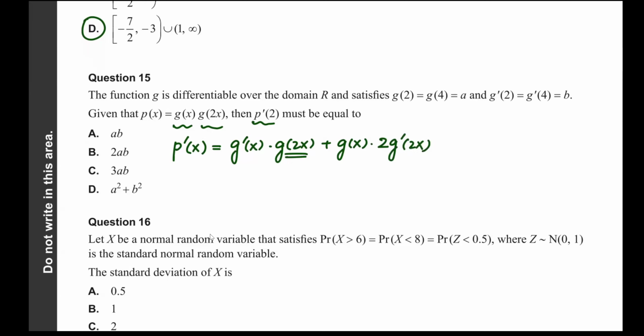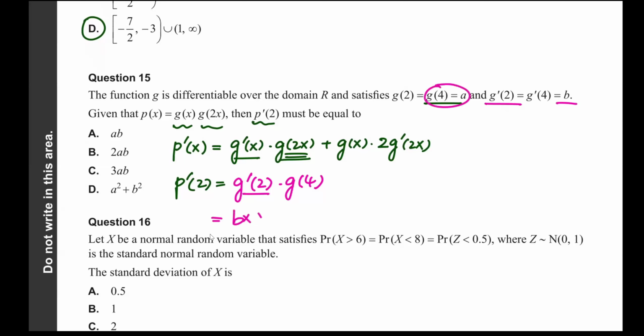Okay. So then I'll substitute 2 and get g'(2). Oh, by the way, sorry. I better write them clearly. Firstly, I get g'(2) times g(4). So g'(2) is b, g(4) is a, b times a.